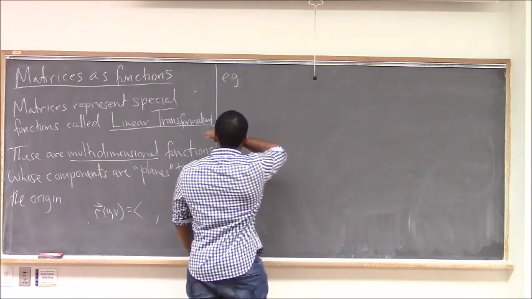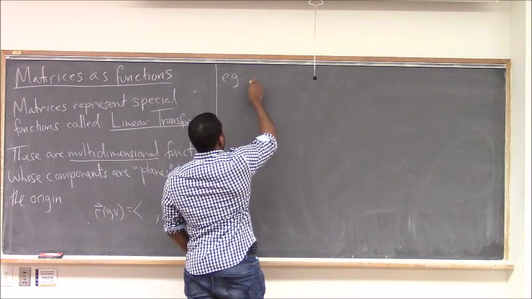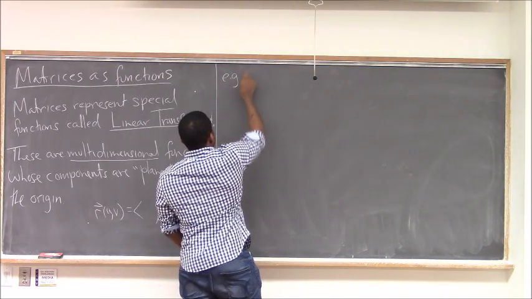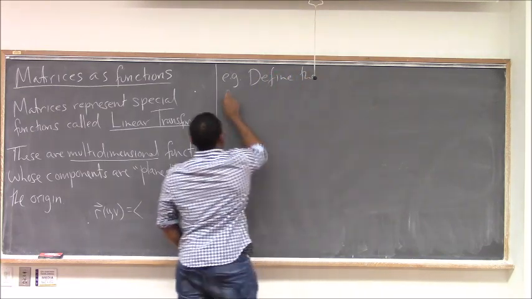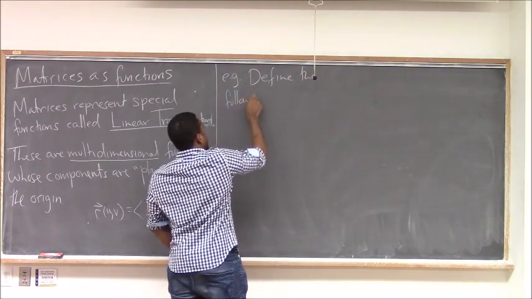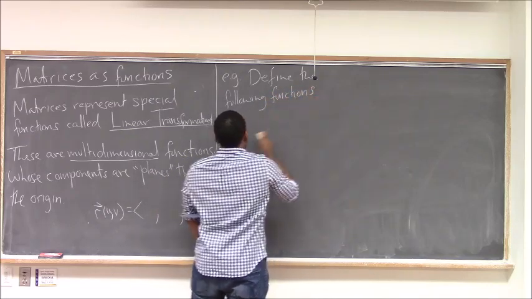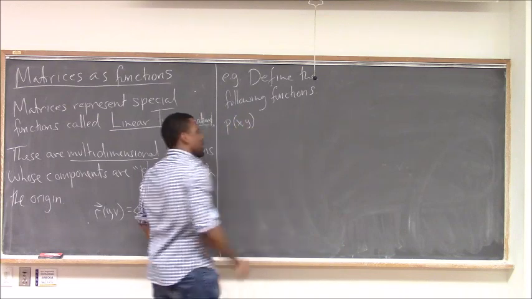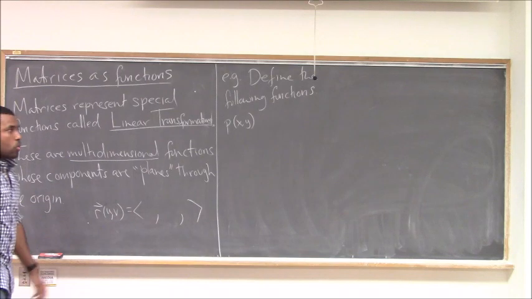So I'll give you an example. Let's do 3. Define the following functions. Let's say I talk about a function called p of x, y. So I'm inputting something from R2. I'm plugging in an x and a y value.